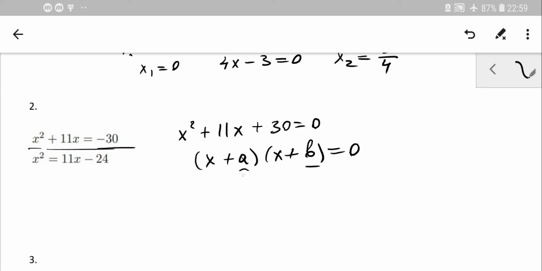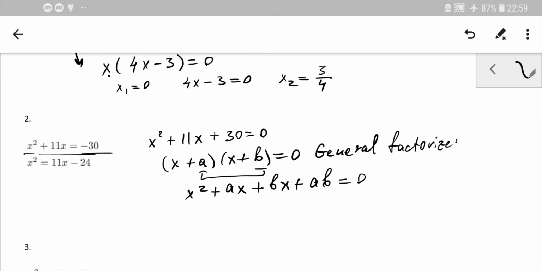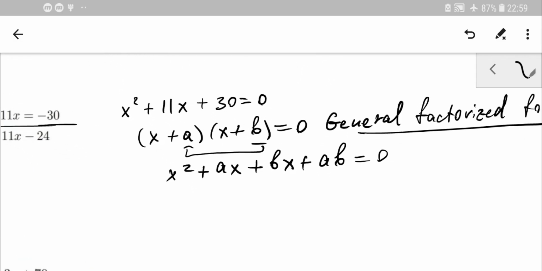If we start expanding the brackets, I'll show you why it is so. x squared plus ax plus bx plus ab. That's what we have when we expand it. This is sort of the general factorized form, and we have this as the expanded form.